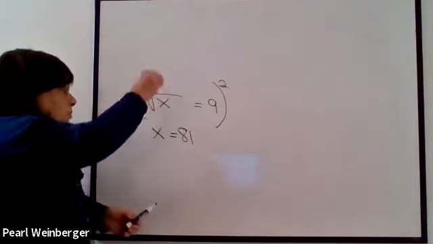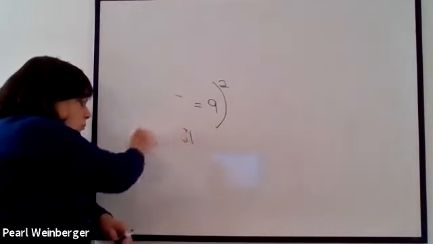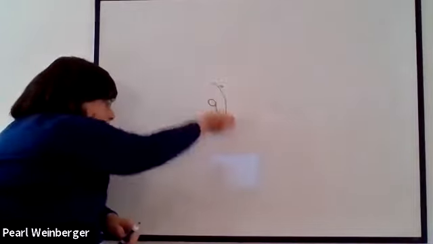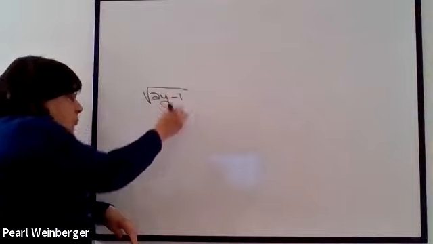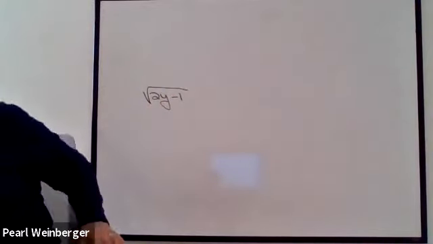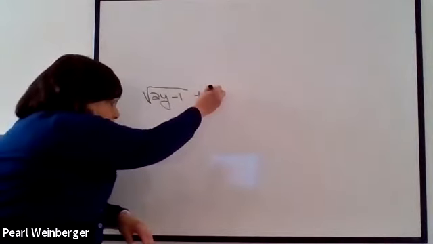So let's say I had something that looks like this. Suppose I have the square root of 2y minus 1 plus 4 equals 7.